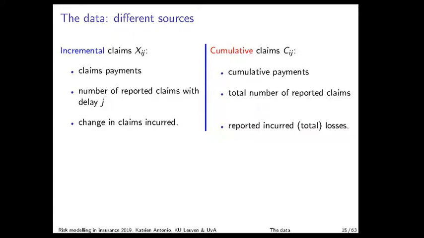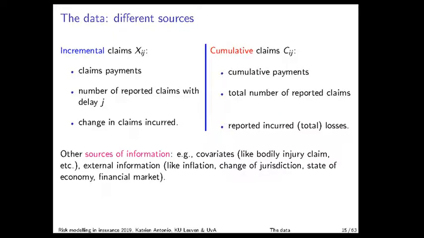Besides these data, other sources of information are potentially available to the actuary. For example, covariates may be available, like the type of claim, whether it's a bodily injury claim, a material damage claim, and so on. External information might be available, like inflation, change of jurisdiction, state of the economy or the financial market, and so on.